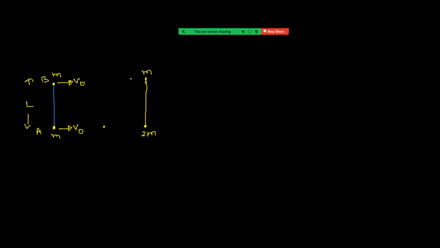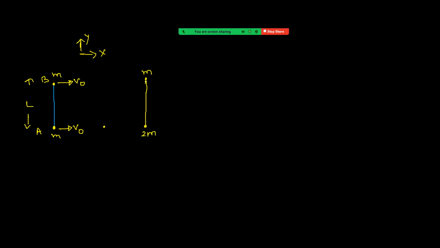If you observe the hint given, the light rod will exert a force on ball B only along its length. Let us take this as the x-axis and the rod along the y-axis. That means the rod exerts a force on B along the y-axis, so on B along the x-axis no force is acting.